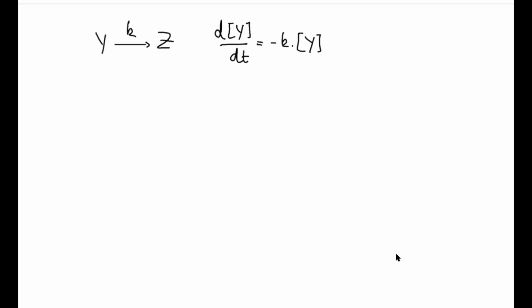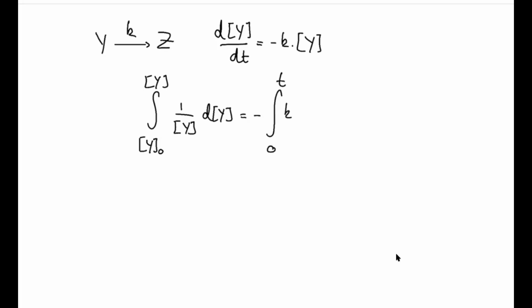Let's do the analytical integration. Okay, this is now very simple for you guys. So we integrate from y0 to y of 1 over y dy, and that's minus the integral of 0 to t of k times dt.